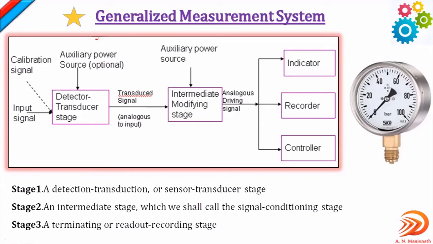At the same time, it should not detect any of the noises, it should be insensitive to those things. That is what the calibration signal is about here. That's why it is mentioned. Only the signal which has that strength needs to be sensed by this particular stage, right? See, for this, an auxiliary power source is required. It is optional.